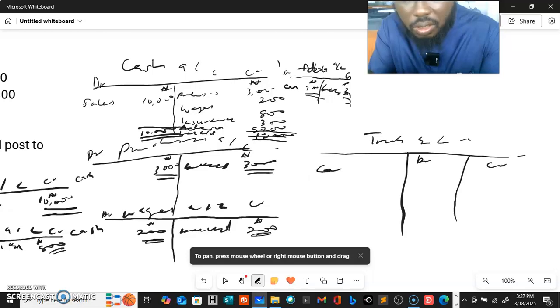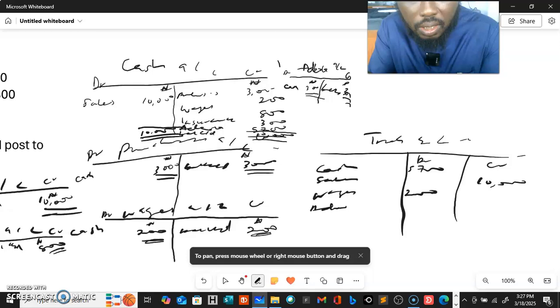We have cash, a balance of 5,700. We have sales, which will come to the credit side as 10,000. Wages is an expense, so it will come to the debit side. That's 200. We have Adeola, that's 300. What do we have again? We have insurance, 800.